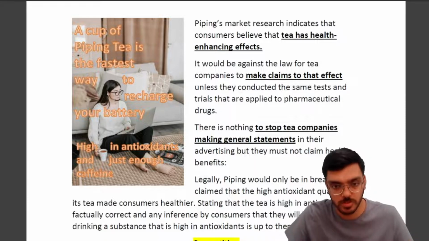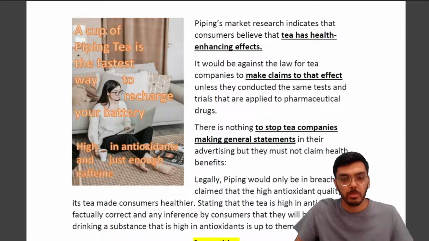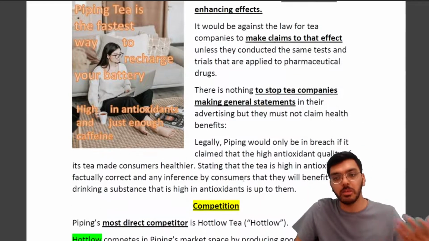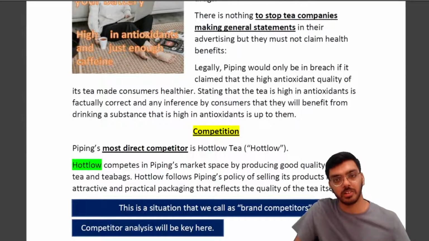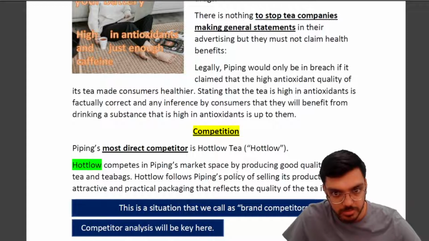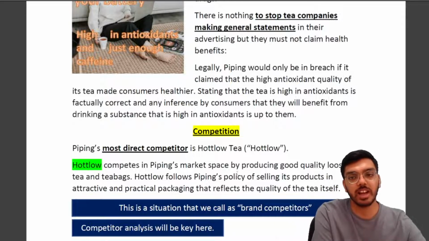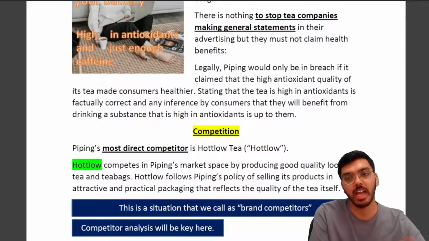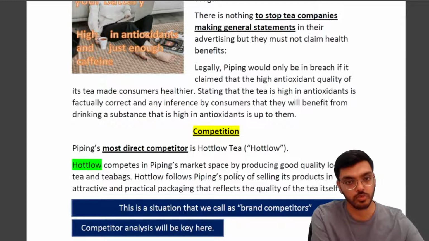That's the difference. Legally, Piping would only be in breach if it claimed that the high antioxidant quality of its tea made consumers healthier. Stating that the tea is high in antioxidants is factually correct, and any inference by consumers that they will benefit from drinking a substance that is high in antioxidants is up to them.